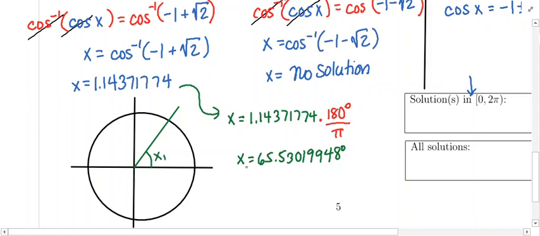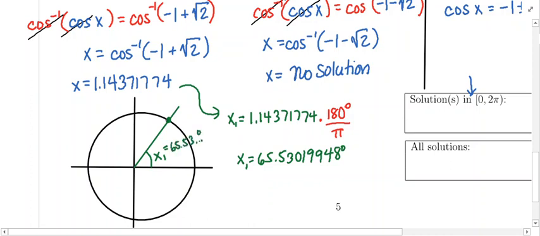I'm going to call it x1 because presumably there will be another angle that works here. It has some ordered pair on the unit circle, so it's going to be right here. This angle we know is 65.53 and so on degrees.